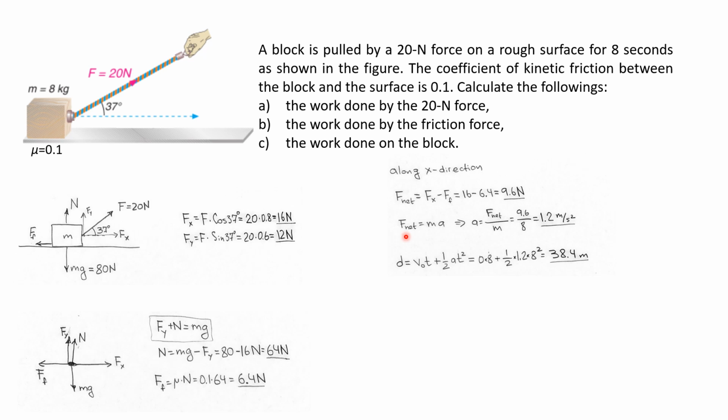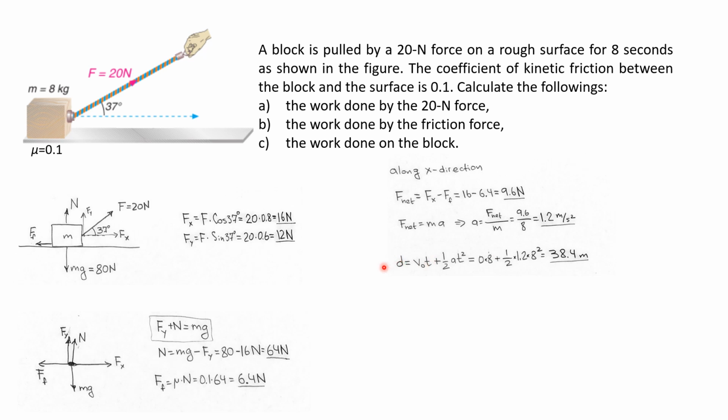And from Newton's second law, we know that net force has to be equal to the mass times acceleration, or acceleration is going to be equal to the net force, which is 9.6, divided by the mass of the block, which is 8, which comes out to be 1.2 meters per second squared. Now we have the acceleration.